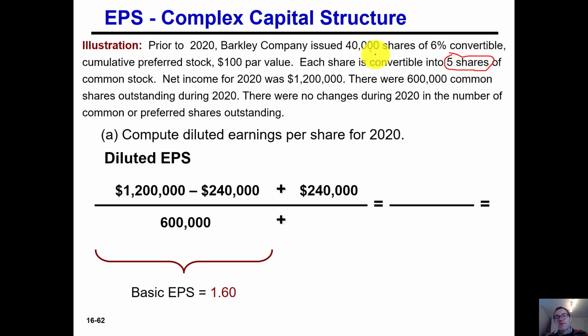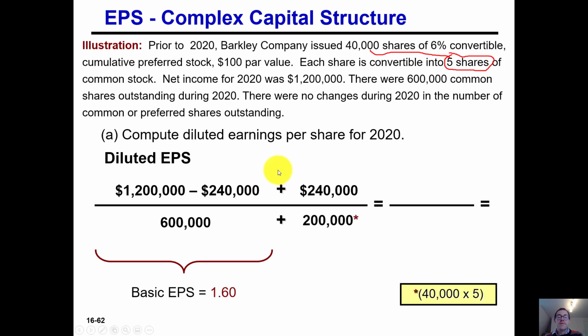So you've got 40,000, each of them converted into 5 new common shares. So 40,000 times 5 is 200,000 extra shares. All right, so diluted earnings per share is going to be $1.50.